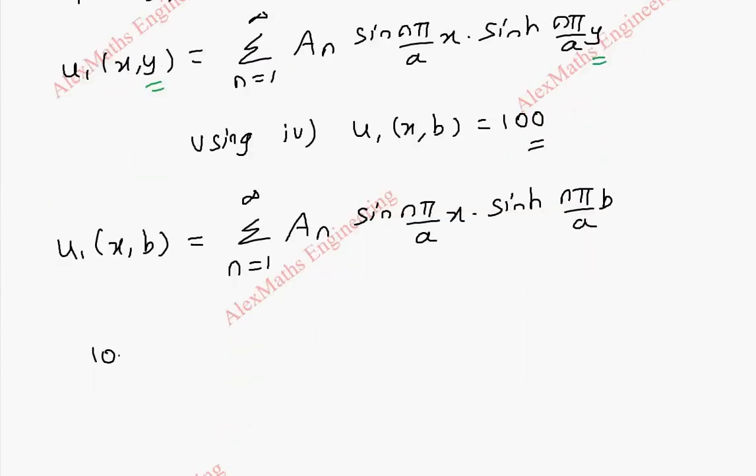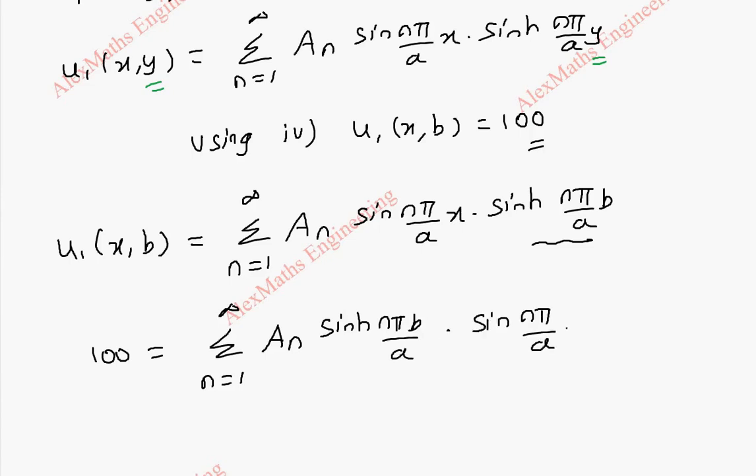So we take 100 equal to summation n is from 1 to infinity An. This is fully constant, so I write sinh(nπb/a) here. Then I write sin(nπ/a)x.